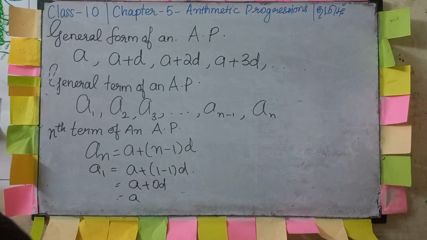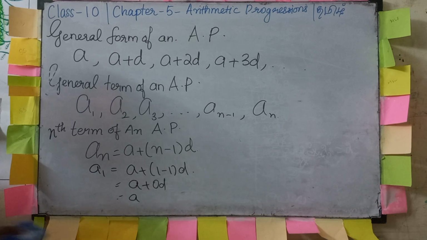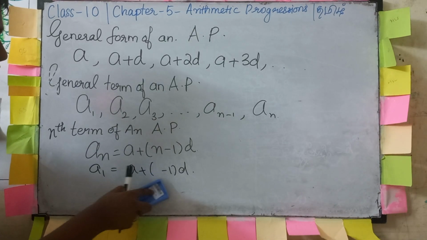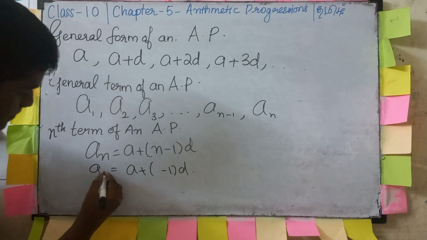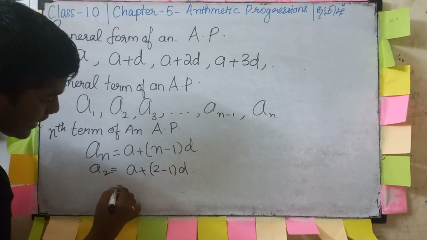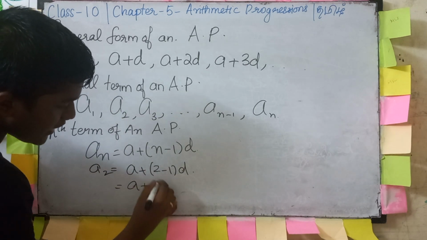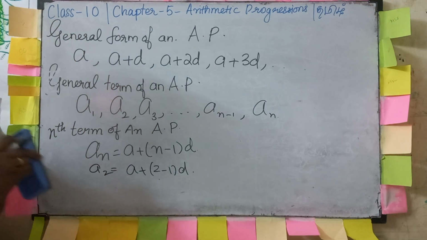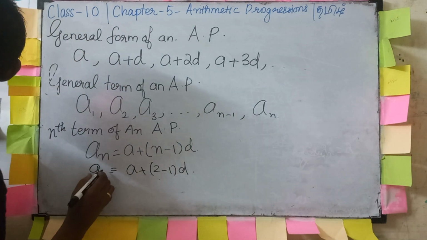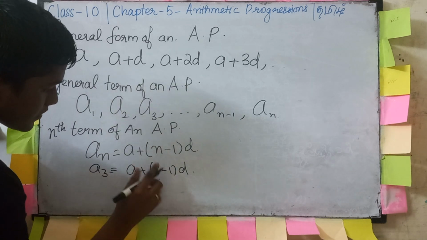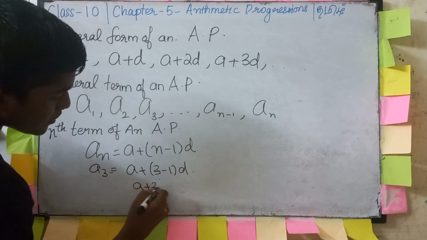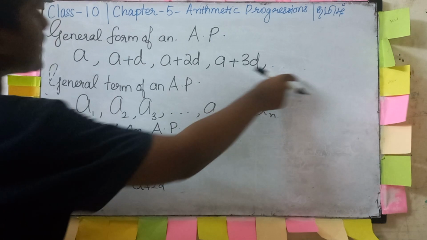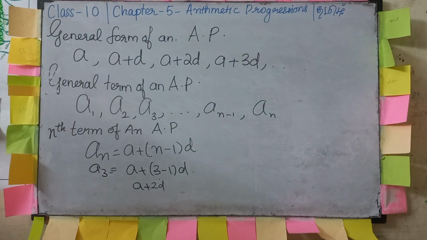Now I am substituting N with 2. What do I get? A plus 1D, the second term. Next, the third term: A plus 2D. Understood why the nth term general form is given like this?